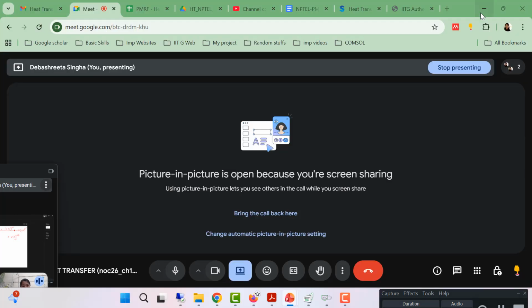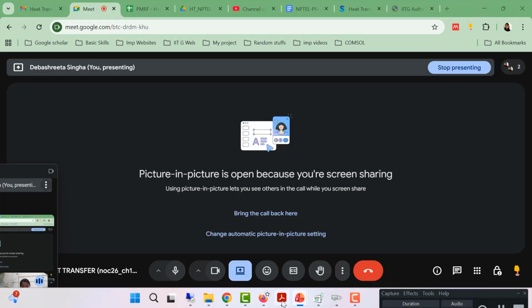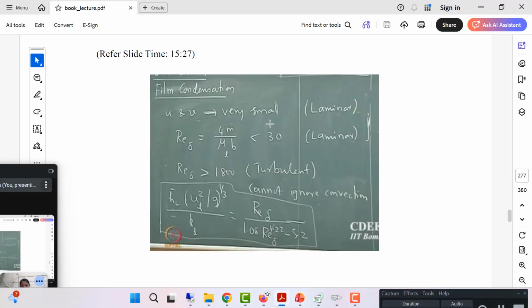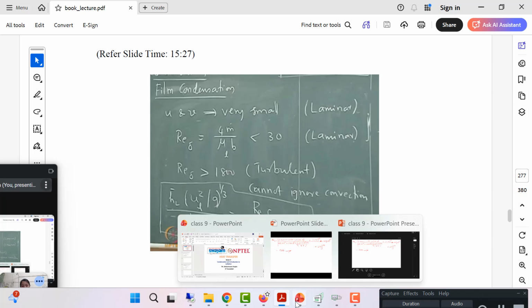If we see in the notes which sir has taught, for film condensation, if Re delta is less than 30 it is laminar, and if it is greater than 1800, that is, 2370, whatever answer we got, that is more than 1800, so it is turbulent in nature.